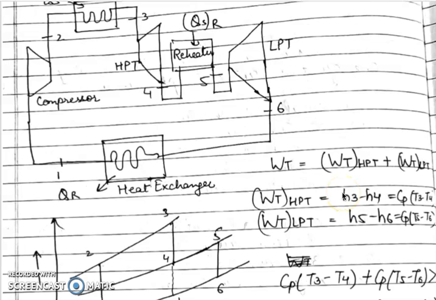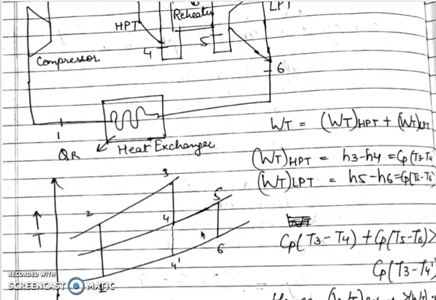Now the work of the turbine in this cycle is larger than the work in the ideal case without the reheater, as we can see in the TS diagram that the pressure lines diverge towards the right-hand side. So the work obtained by this multi-staging is H3 minus H4 plus H5 minus H6, which is greater than H3 minus H4 dash, because the pressure lines are diverging towards the right.